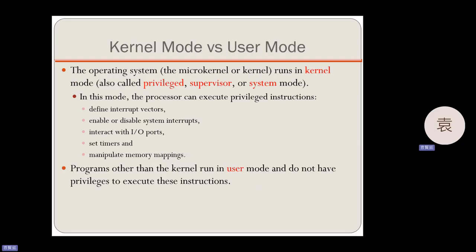In general, the operating system itself runs in two different kinds of modes. One is kernel mode, another one is user mode. The part which must run in kernel mode, sometimes we call it privileged, supervisor or system mode, is those instructions that are privileged and can only be executed in kernel mode.